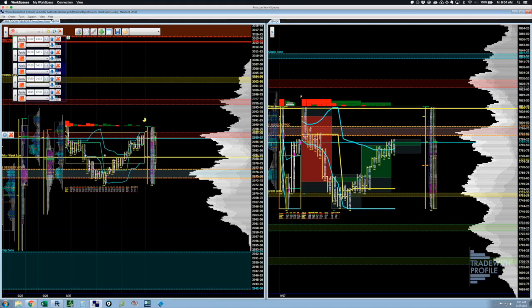Same deal: opened, test higher, come back in the same range, you're short, stop above the high. As long as the order flow and volume is to the sell side, you're short to the target. It took about 15 minutes. So that's a little bit of an open rebalance trade.